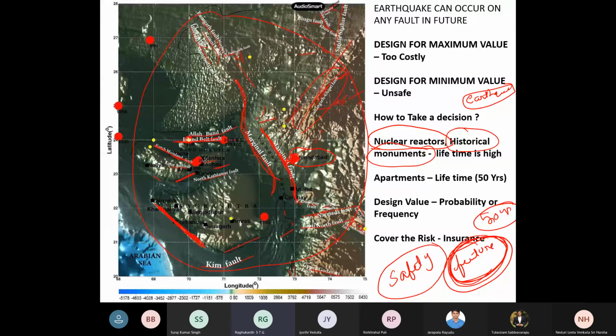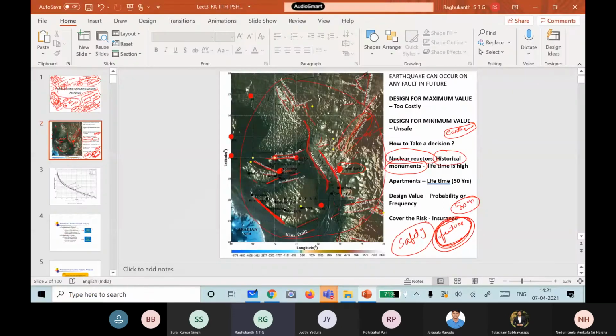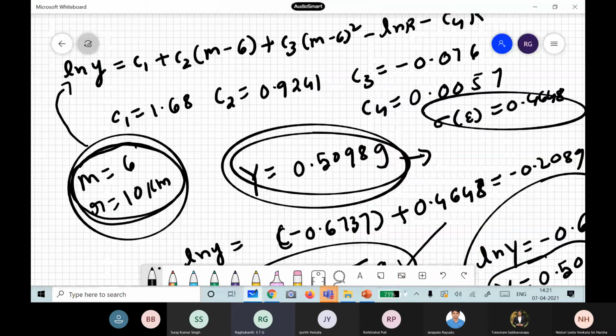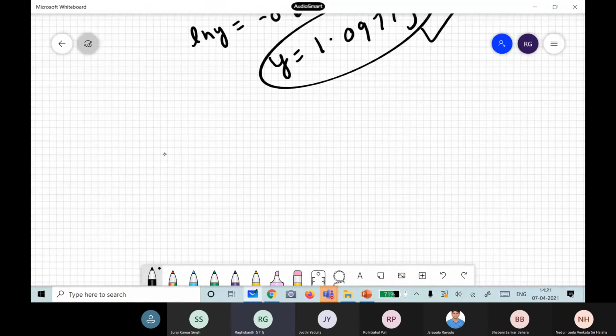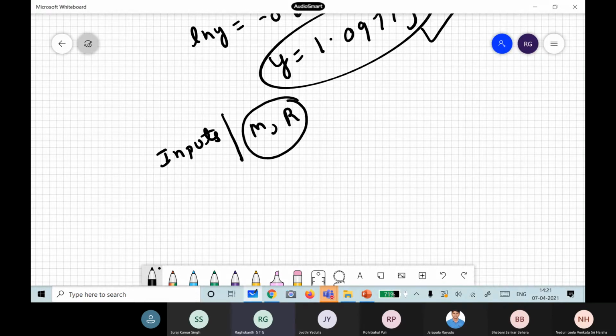So the philosophy is, although this equation is fine and has uncertainty, the problem is the inputs basically. In reality, the inputs, that is the magnitude and the distance, are all random variables. You followed, right?